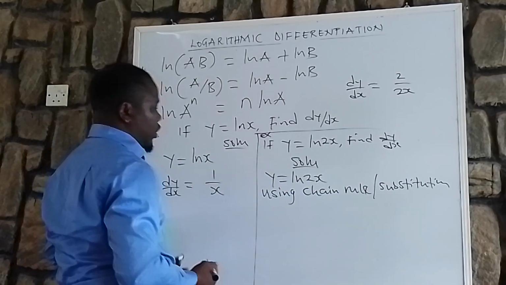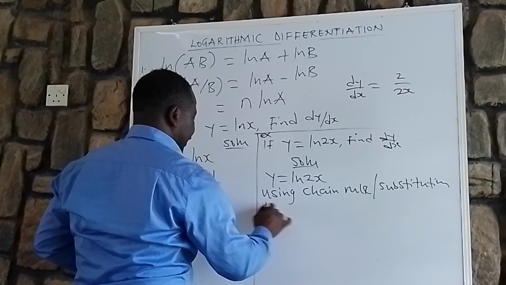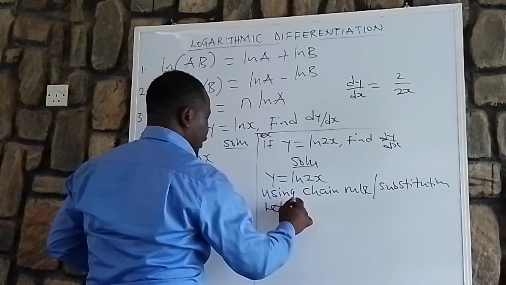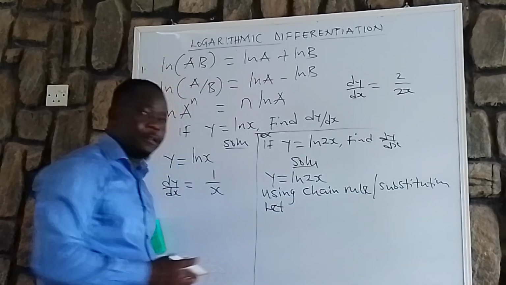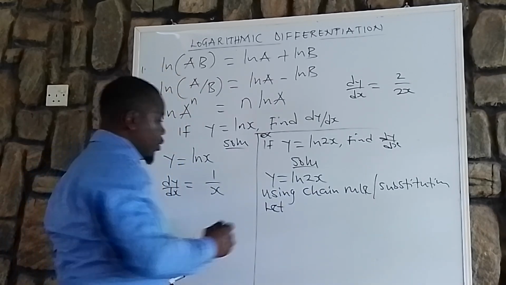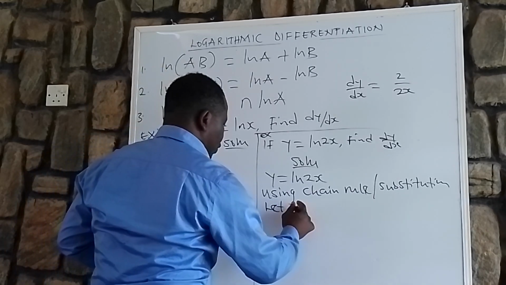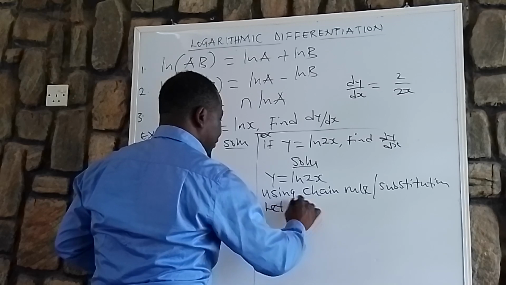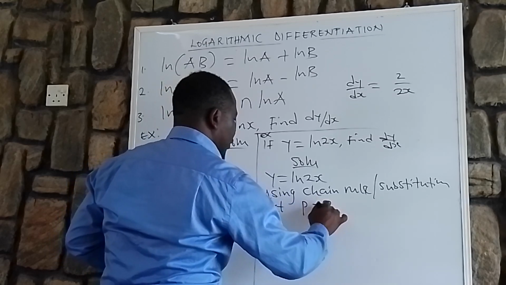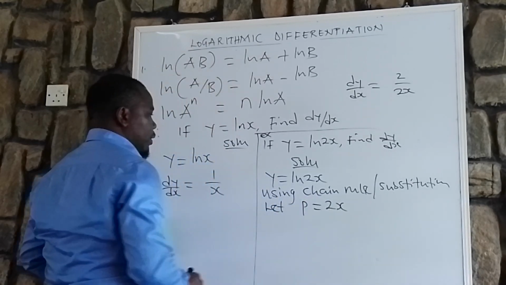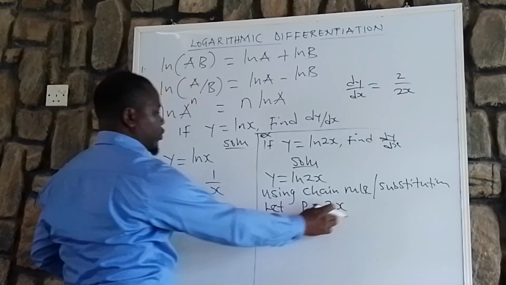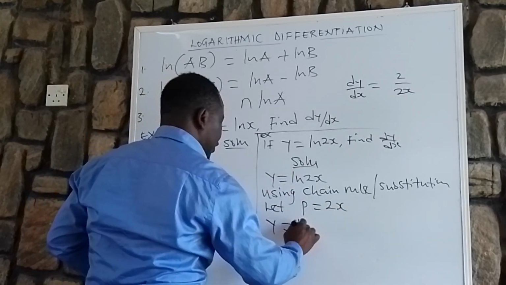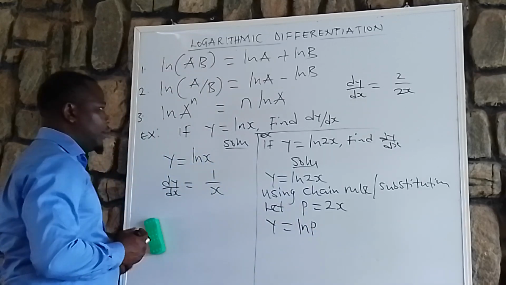What you need to do here is let u, or any alphabet, be equals to 2x. Are you following? So you now say let p equals 2x. Then this implies that your y will now be ln p. True or false?